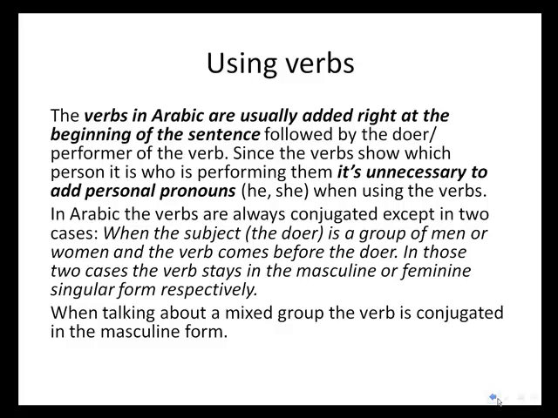In those cases, we don't have to conjugate the verb in the plural form, but it can stay in the singular. If it's a group of men, it stays in the normal male singular third person, and if it's a group of women, it stays in the third person feminine form. Mixed groups are treated as male.